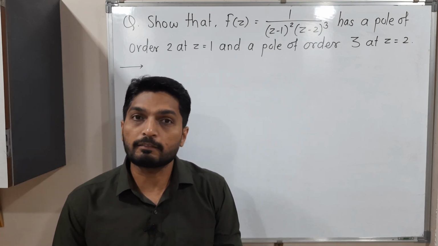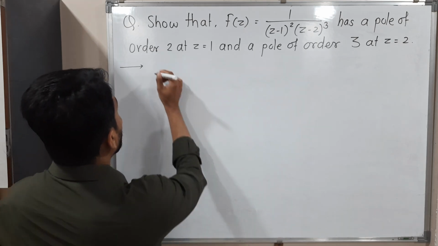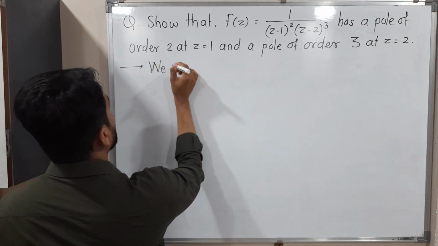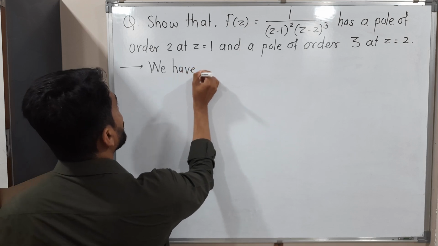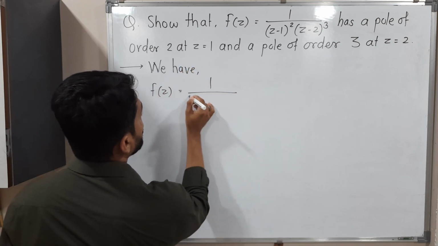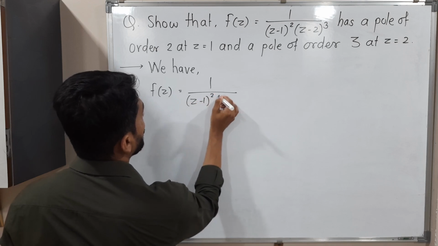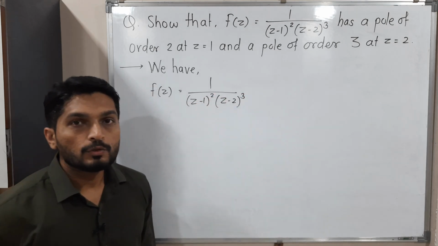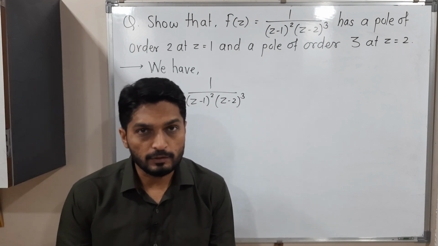Okay, so let me write the given function first. Our function is 1 upon (z minus 1) square, (z minus 2) cube. First of all we will find the singularities.